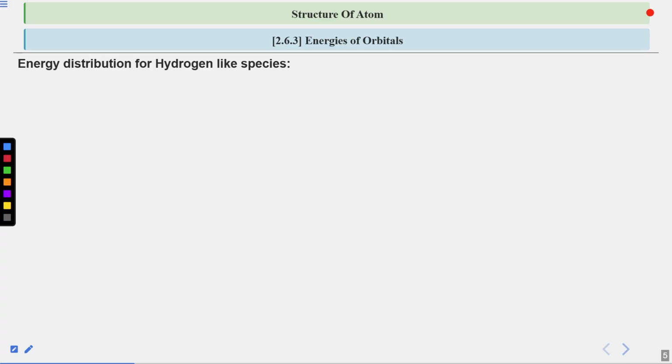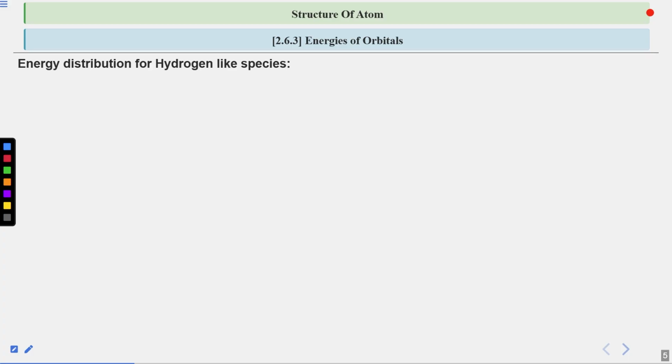There are two types of atoms in which you will compare the energies. First is the hydrogen-like species. Now what is the meaning of hydrogen-like species? Every species which has one electron is considered to be a hydrogen-like species. You can take hydrogen first of all, which has one electron itself.